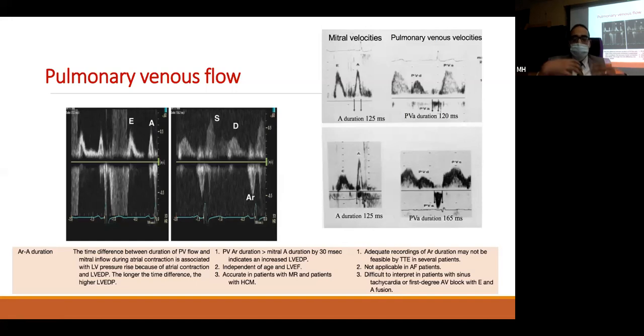Imagine it clinically: if the patient has a high LV end diastolic pressure, during atrial contraction the flow will be directed toward the pulmonary veins, and the duration of flow back into the pulmonary veins will exceed the duration of the flow through the normal mitral valve.